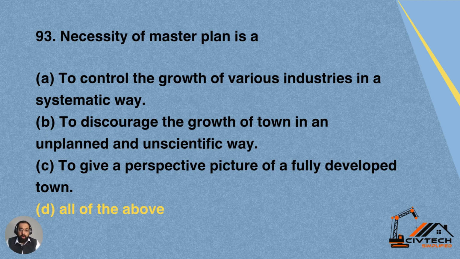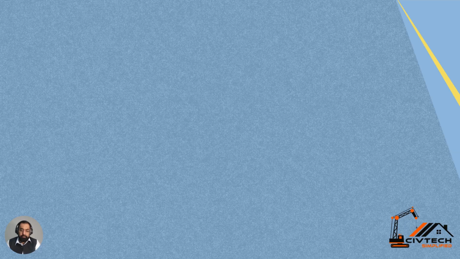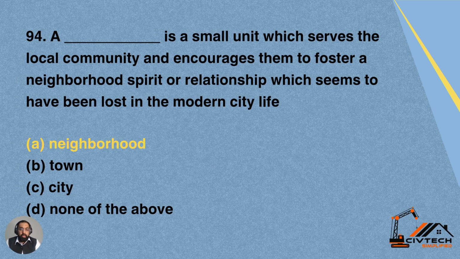We want to limit the growth of the town within some boundaries. Number C, to give a perspective picture of a fully developed town, and we want to present our area as a developed area. That's why we do master planning. So all options are correct. So option D is all of the above, which is correct for this question.